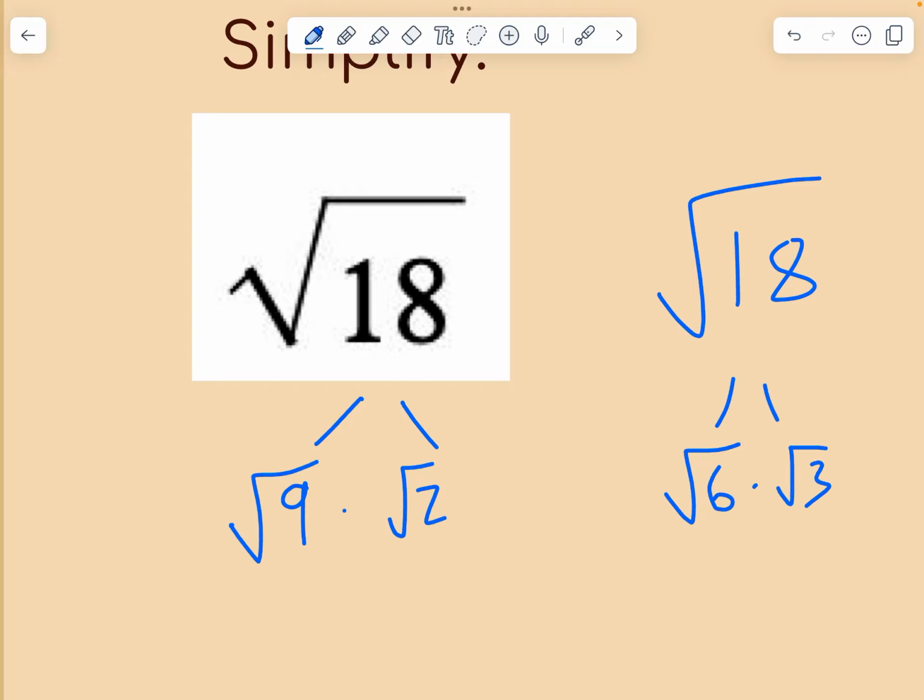And notice that when I'm writing down its 2 factors, I'm putting them both inside a radical as well because that is the square root of 18. The reason you have to do this is because 18 is not a perfect square. So if we tried to take its square root, you would get some kind of crazy decimal. So we want to break it up.